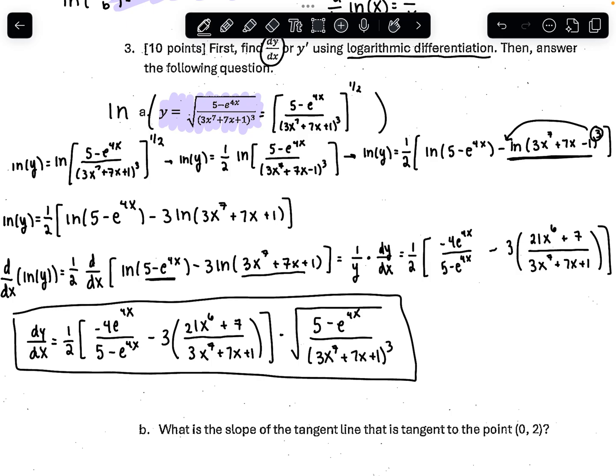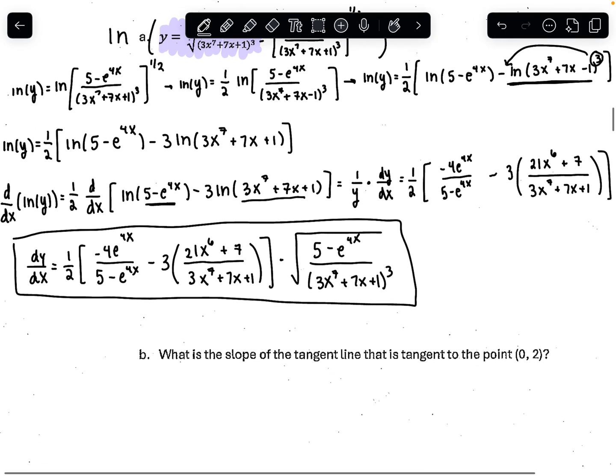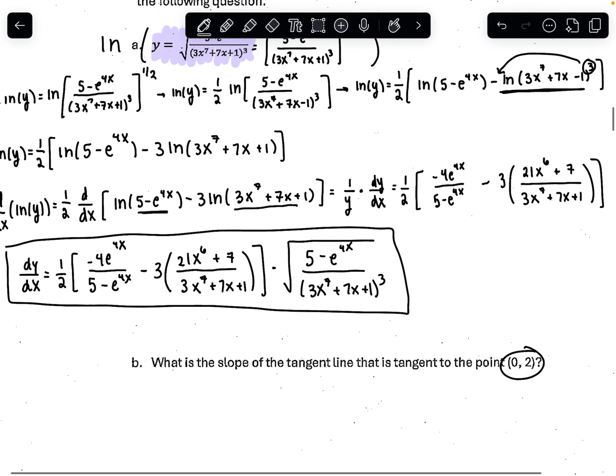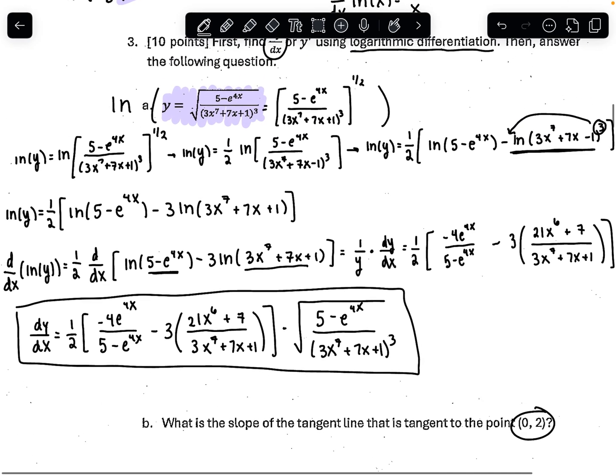Of course, it's the grossest problems that have follow-up questions, but let's not worry. We're asked to find the slope of the tangent line that is tangent to the point (0, 2). We're still working with the same expression as before.